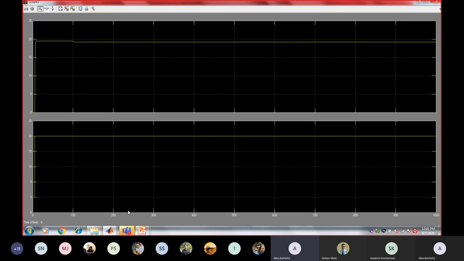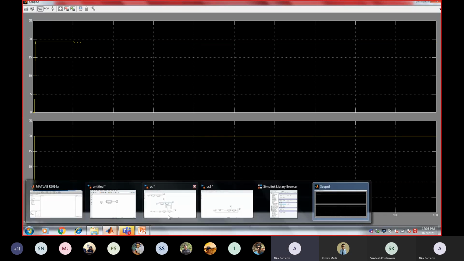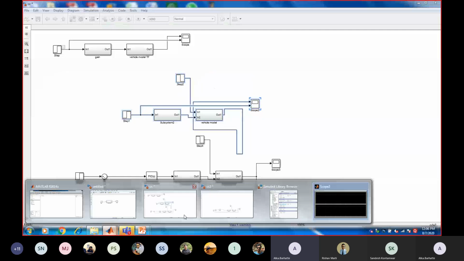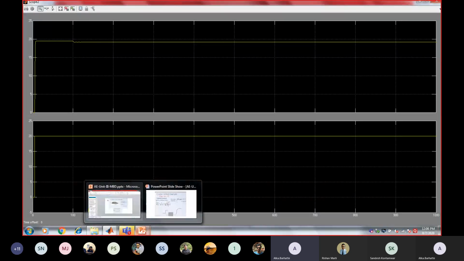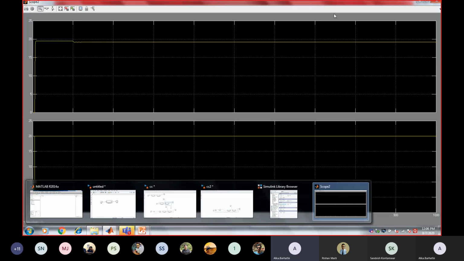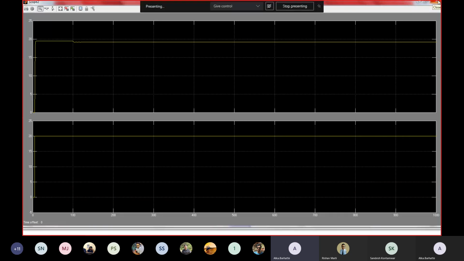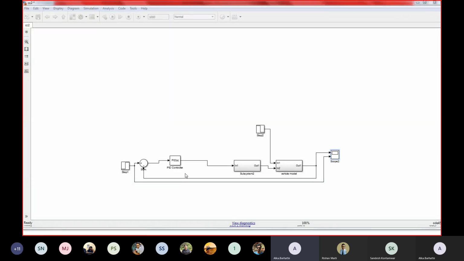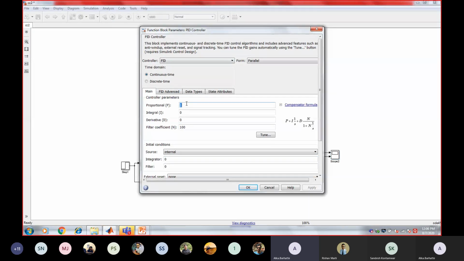So by just changing that value, you can reduce it. But there is some limit. We cannot increase that value beyond a certain proportional constant. So the effect of proportional we have seen.